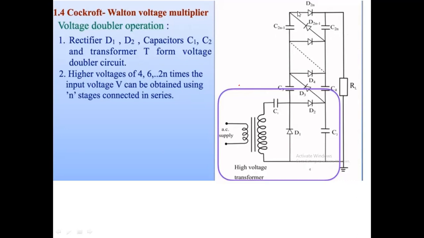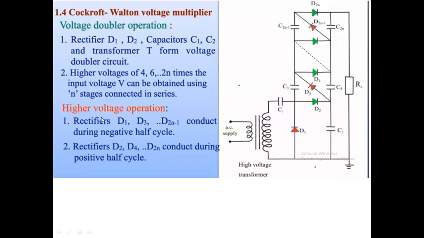Okay, this is the even diode and even capacitor. And the second last one, which is the odd one, is D2N minus 1, C2N minus 1. So you can get any value by putting the n value. If n is equal to 10, it means we have D20, C20, D19, C19.